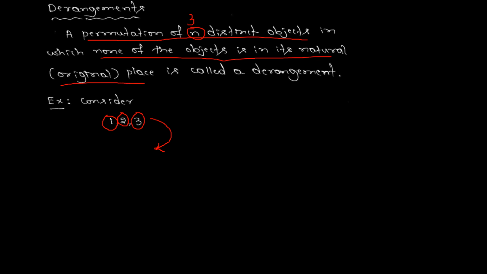So we need to form a permutation in which no object will appear in its original place. That means 1 is not going to be in the first place, 2 is not going to be in the second place, and 3 is not going to be in the third place. Let us see such a derangement now.